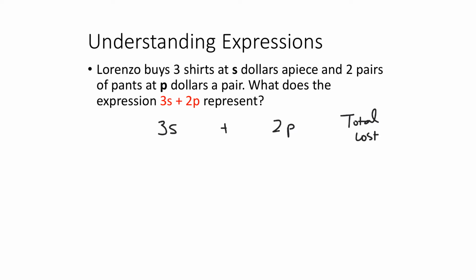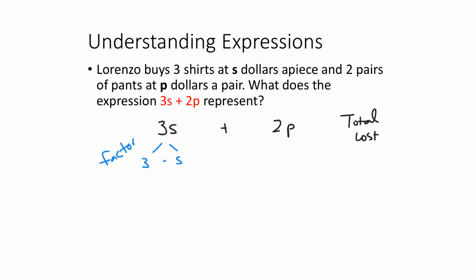Now, when we break this down individually, you have 3 times s, and at this level, remember, we're identifying factors. Whenever we identify terms, we then break those down and identify the factors.